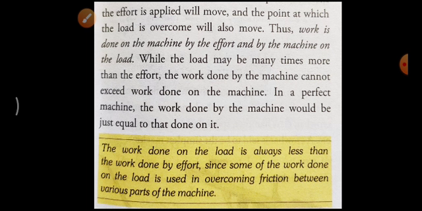So the work done on the load is always less than the work done by the effort, since some of the work is used in overcoming friction between various parts of the machine.